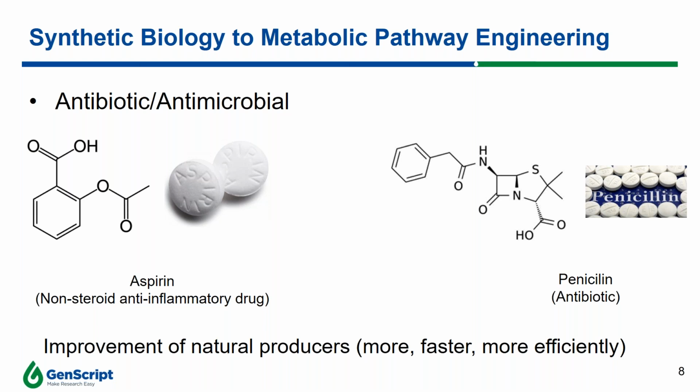So what's true about these two molecules is they are produced by the organisms that originally make them, and metabolic engineering is trying to figure out a way to improve the natural producer to become better, faster, and more efficient. And the efficiency is simply considered about the yield, that is, how much of the input that we provide ends up as the products that we want.